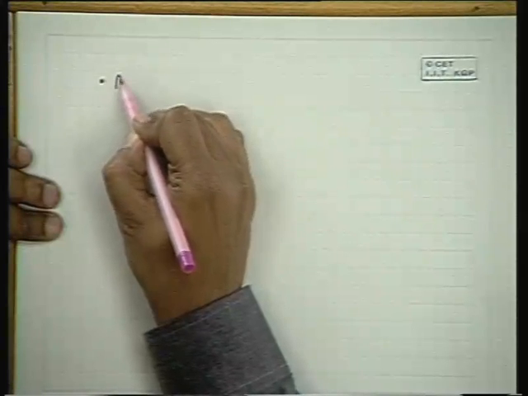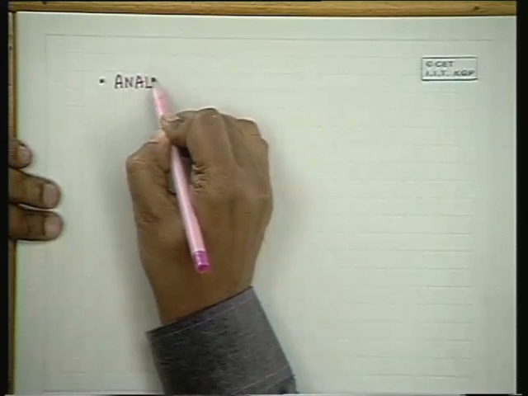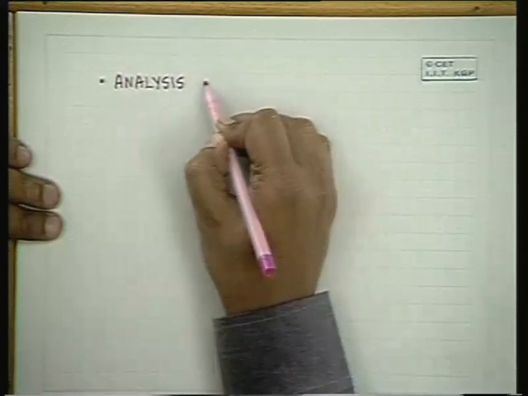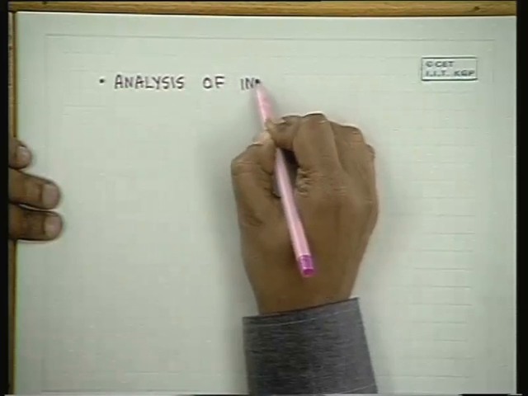So after you generate this initial definition, which is the nucleus of your problem solving, next came the phase of refinement. So the second phase was analysis of initial definition.